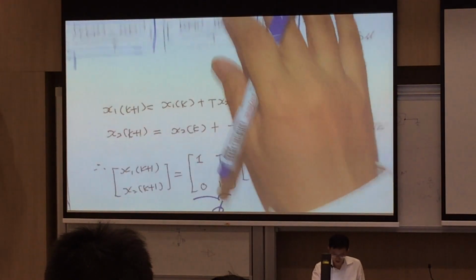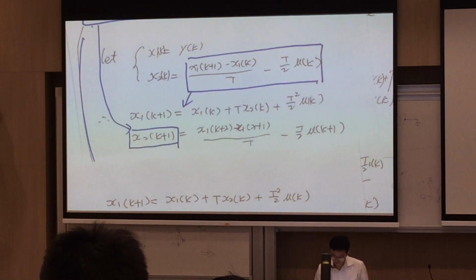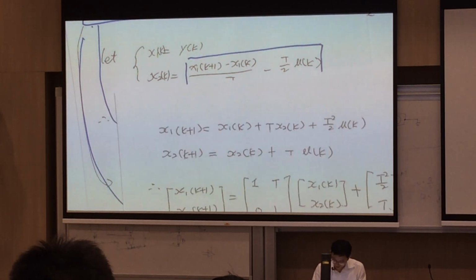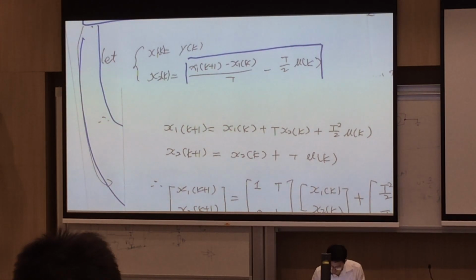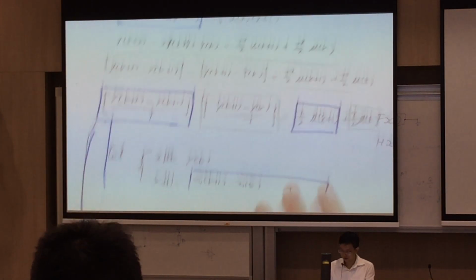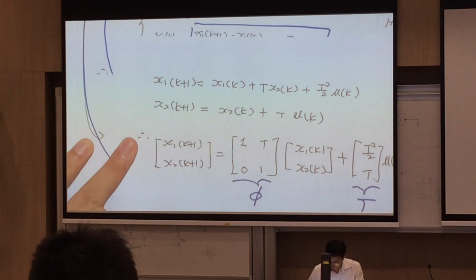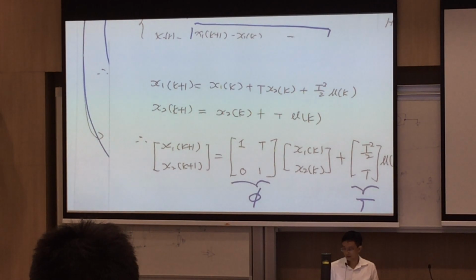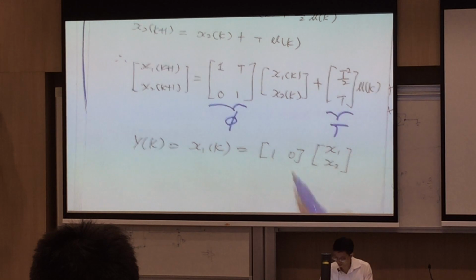But here, what is our output equation? My yk is equal to x1k, right? This is based on what we have defined here. So basically, your matrix is just 1, 0. So this is your matrix.